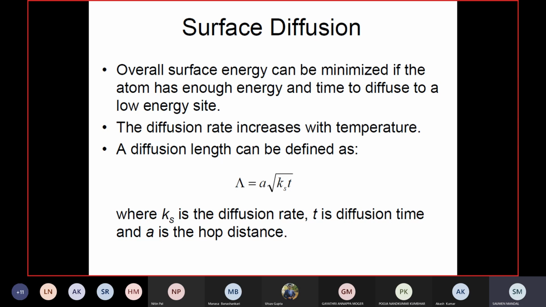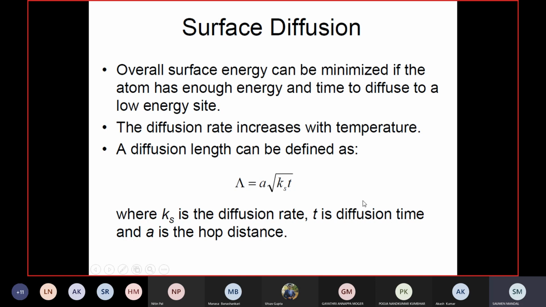And another thing, how to change surface energy? There are several ways, which I'll discuss later. Like if you want to make a surface hydrophilic to hydrophobic, its surface energy will drastically change. So that is also done prior to thin film deposition.